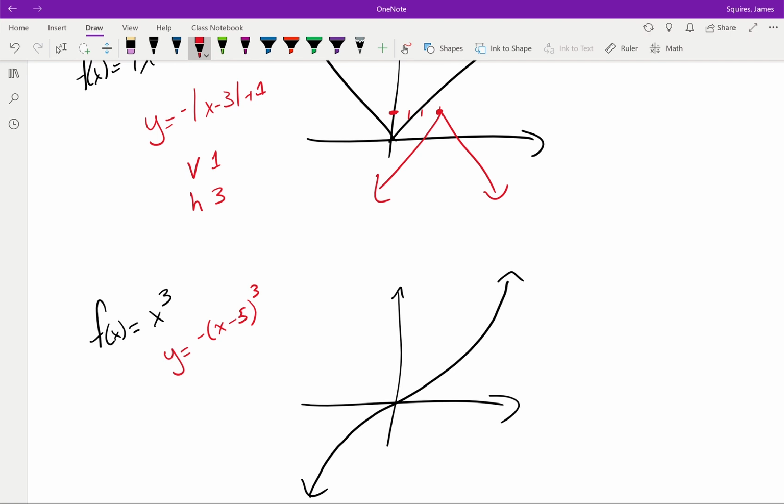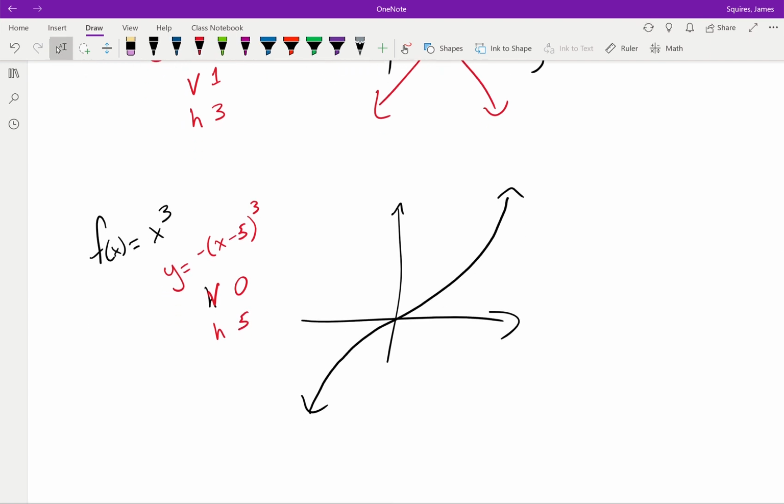Well, once again, there's no plus or minus some value on the outside, so our vertical shift is 0. Our horizontal shift is to the right 5 units, and it's going to be flipped.